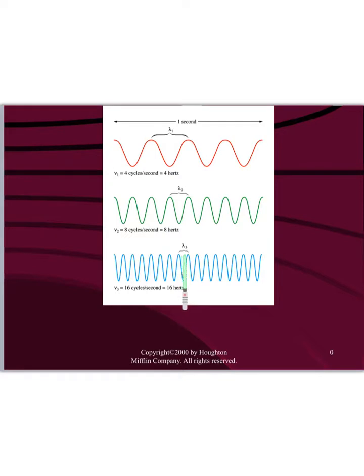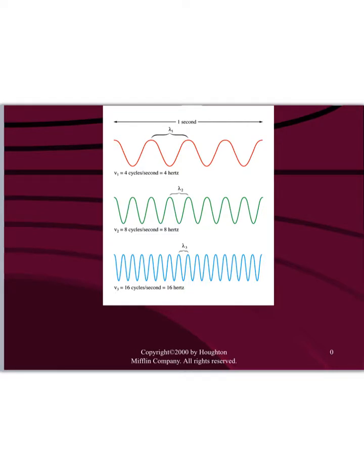These have really, really short waves. But then look how many waves pass per unit of time. Notice the longer the waves, the less frequent the waves are. The shorter the waves, the more frequent the waves are.